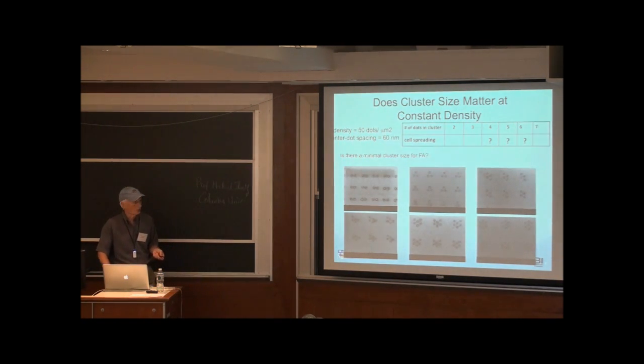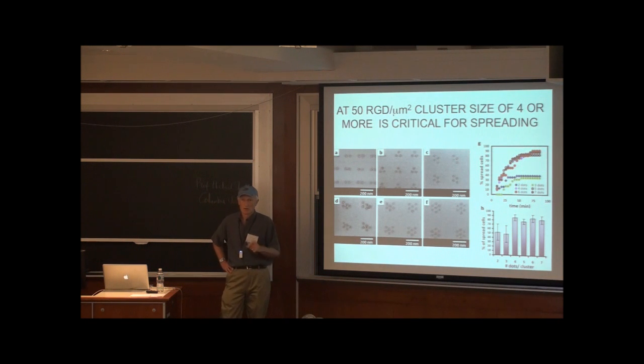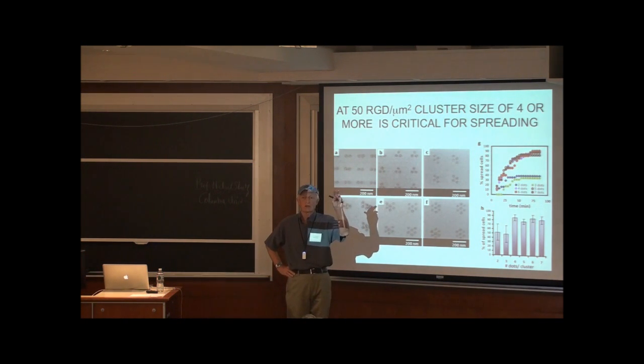And asked the question, would the cells spread on those? And what we see here is that they, again, don't spread on the dimers and trimers, but do spread on the tetramers, pentamers, hexamers, and heptamers. Indicating that you need to have 3 or 4 gathered together to get a proper reaction.